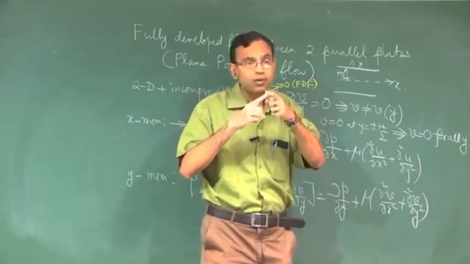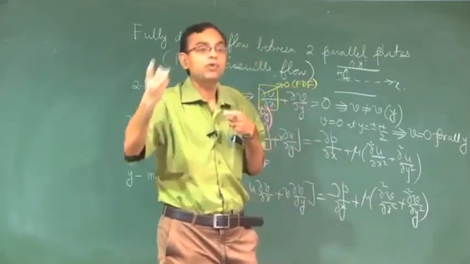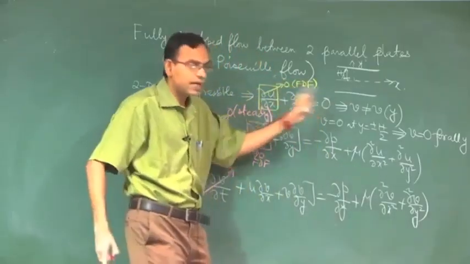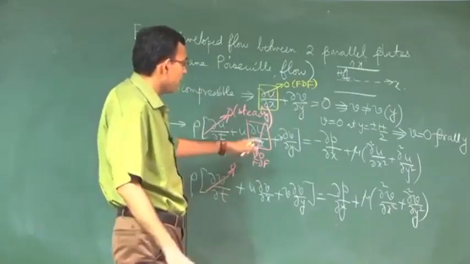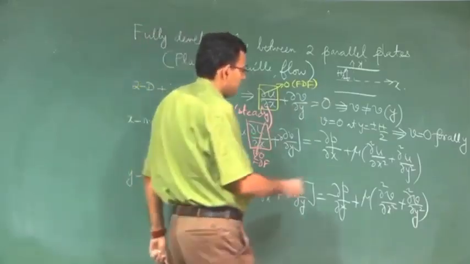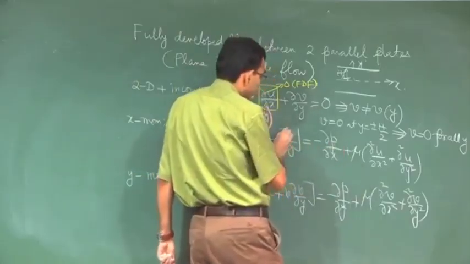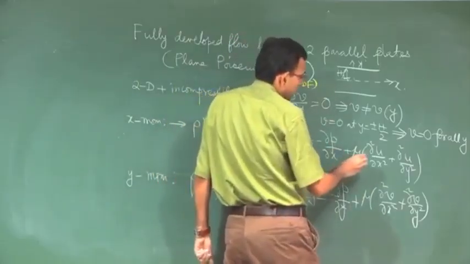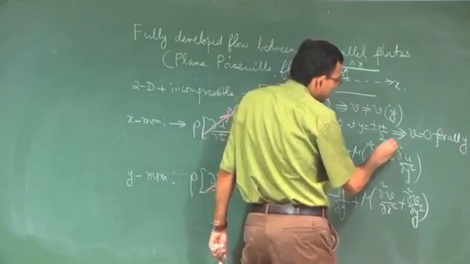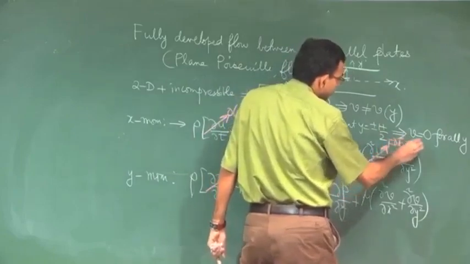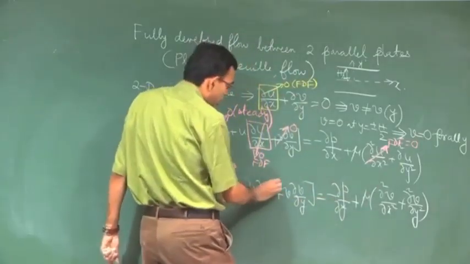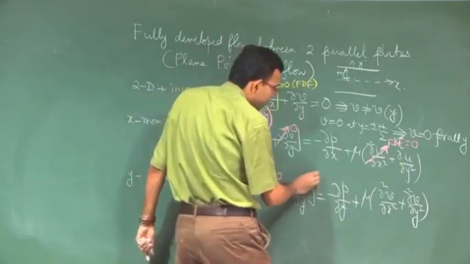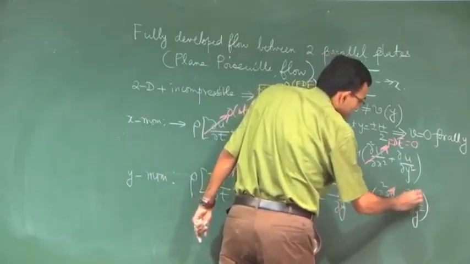If there are holes at the wall, then that will not be the case even if the flow is fully developed, but here there are no holes at the wall. So, V equal to 0, then u is not a function of x. So, for fully developed flow this is 0. In this equation all terms are basically V related terms, so that is 0.